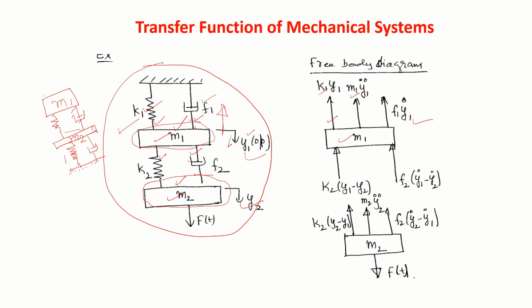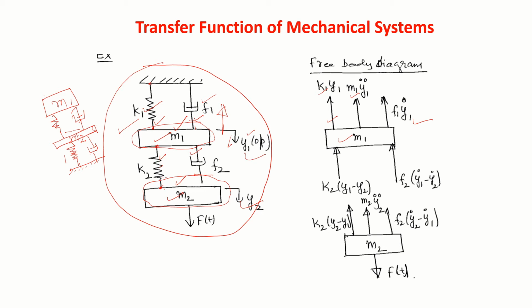Now let us come to this spring k2. Please observe, in the earlier spring one end is fixed, only one end is moving. So if mass m1 moves by y1, the displacement of the spring is also y1. But in this case it is not like this. This end has a displacement y1, and this end has a displacement y2. Both are moving in the same direction, so I should take the net displacement.